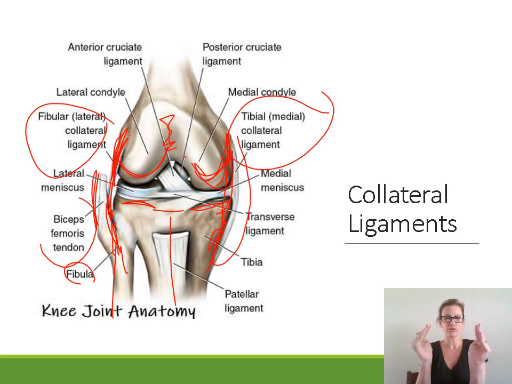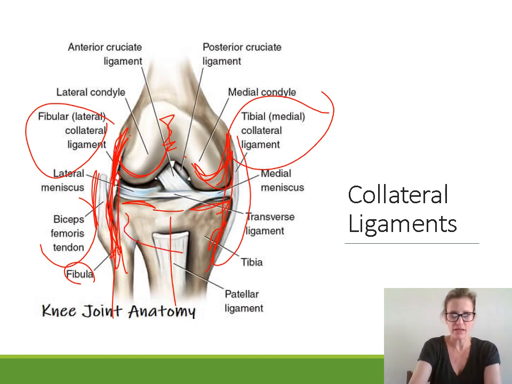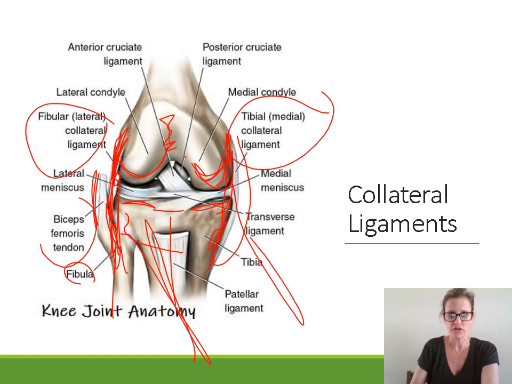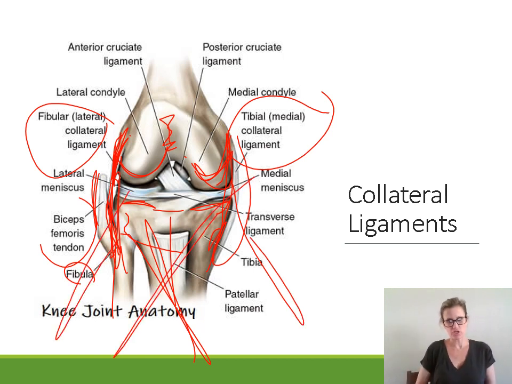Again, these are collateral ligaments, so they're outside the joint capsule. These mainly stabilize the sideways angulations of the knee joint and of the tibia. So they try to keep the tibia on the femur like this, so that the tibia doesn't bend outward in this direction, or so that the tibia doesn't bend inward in this direction, which we'll talk about.